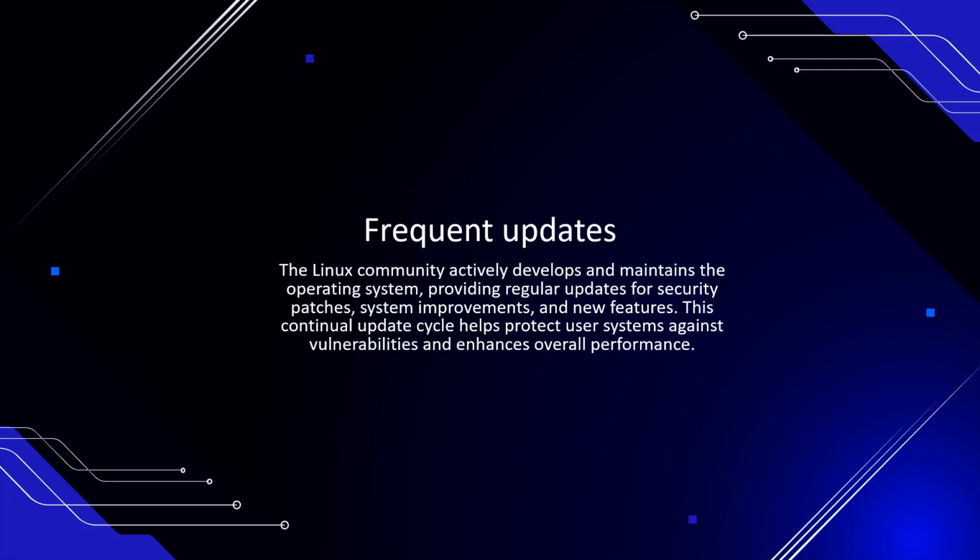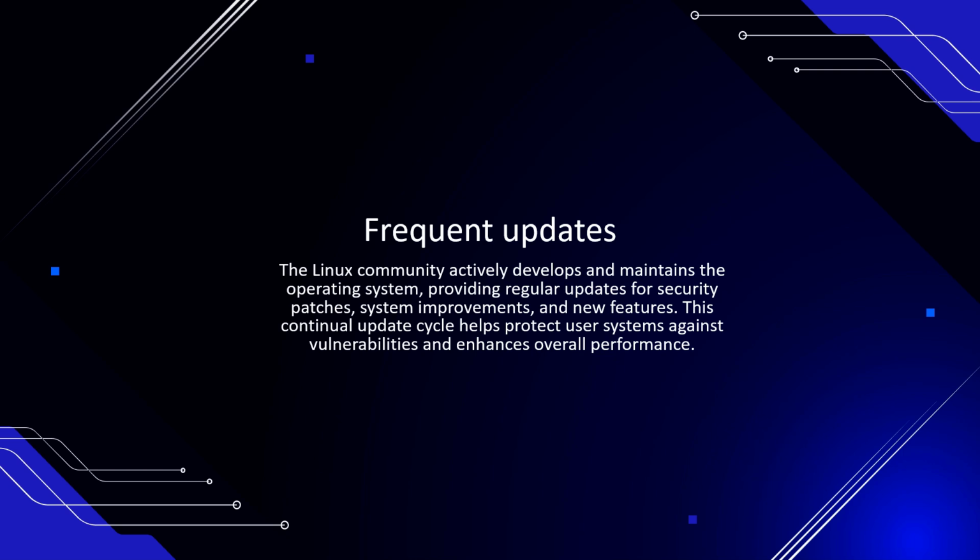Frequent updates. The Linux community actively develops and maintains the operating system, which provides regular updates for security and patches, system improvements, and new features. This continual update cycle helps protect users' systems against vulnerabilities and enhances overall performance.